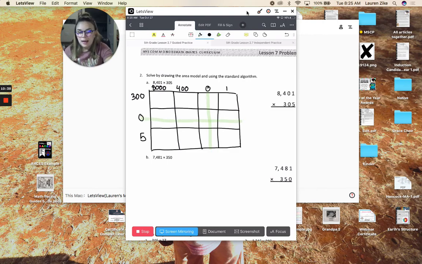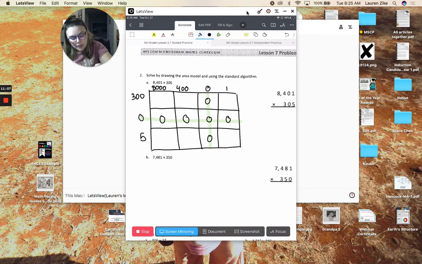So I'm going to kind of take care of that right away, and I'm just going to put zeros in all of those spots. And I can do that because I know that anything times 0 is 0. So I know that in this box, I'm multiplying 0 times 8,000. And I know that 0 times 8,000 is going to give me 0. So I'm going to put those zeros in right away. And then I'm going to start multiplying.